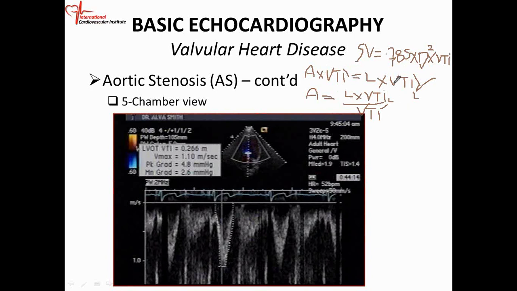You need to know this formula. You need to know this formula.